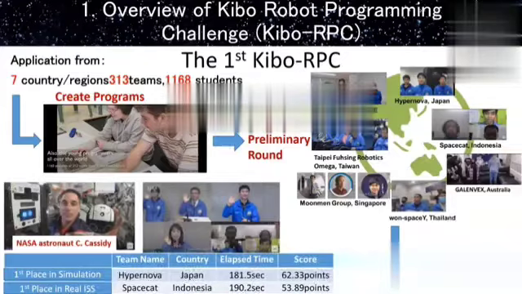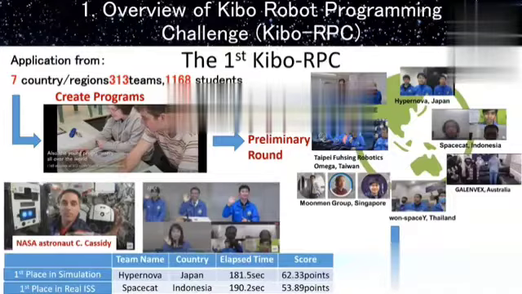We had 13 teams from 7 countries and regions, with a total of 1168 participants. After submitting their applications, each team programmed and participated in a preliminary round held in each country and region. Only the team that won the first place in the preliminary round could participate in the final round.